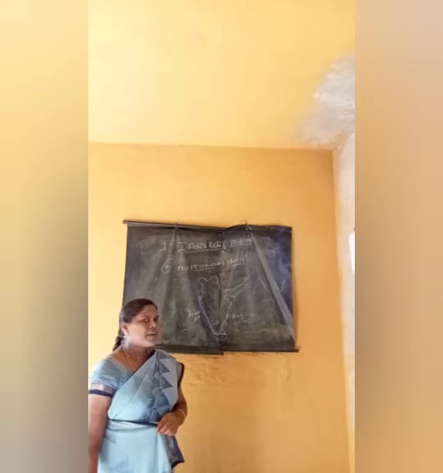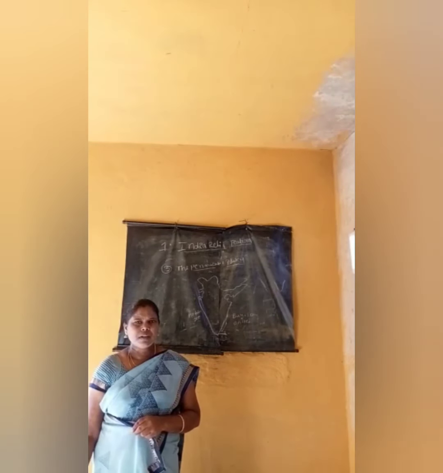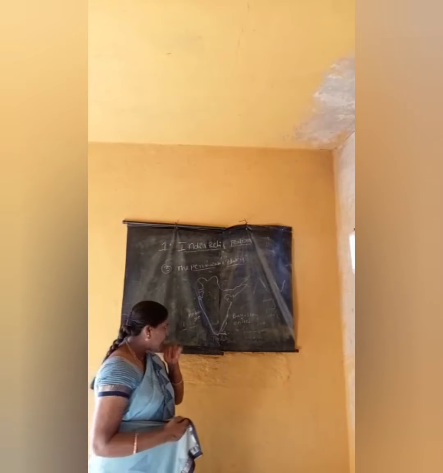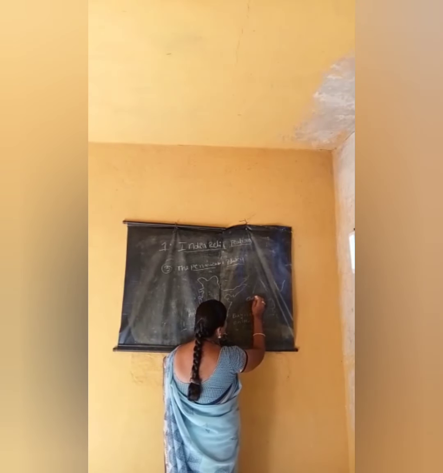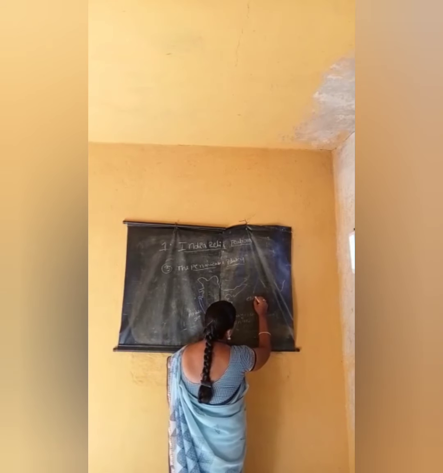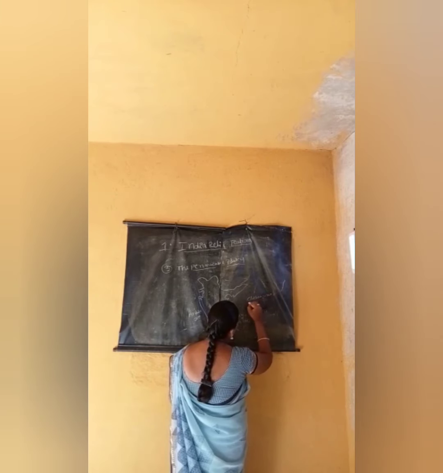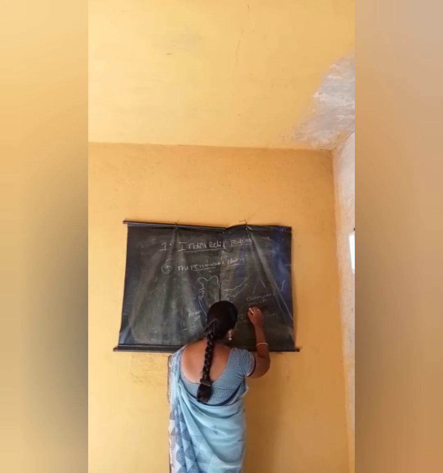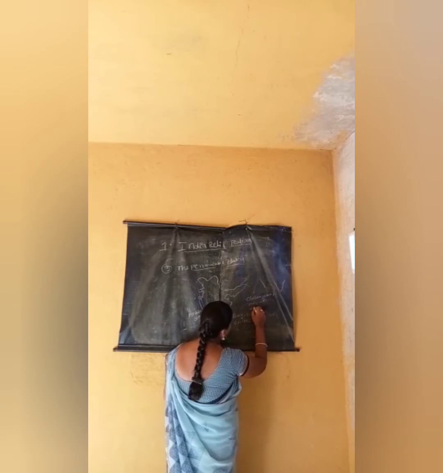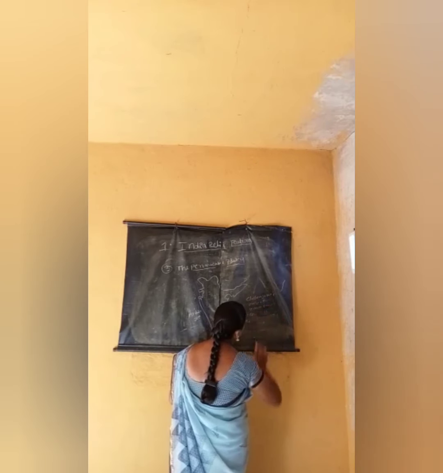For example, different kinds of plateaus in India: the Chota Nagpur plateau, Malwa plateau, Deccan or peninsular plateau.